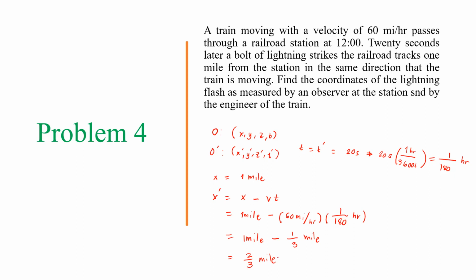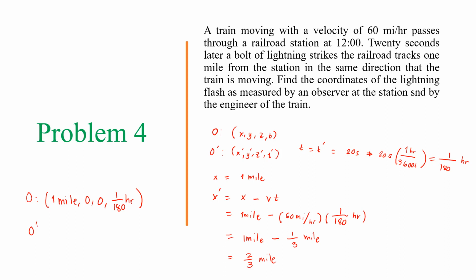So therefore, as seen by the observer O, we have these coordinates: 1 mile, 0, 0, and then 1 over 180 hour.